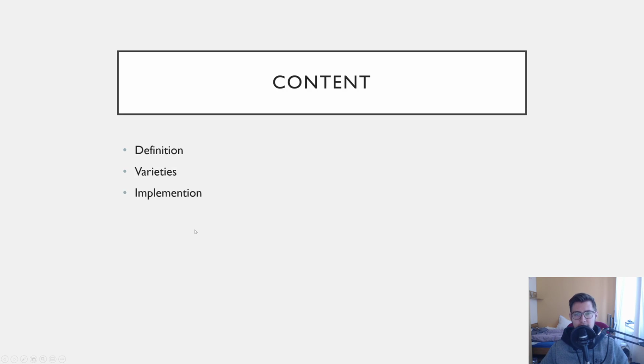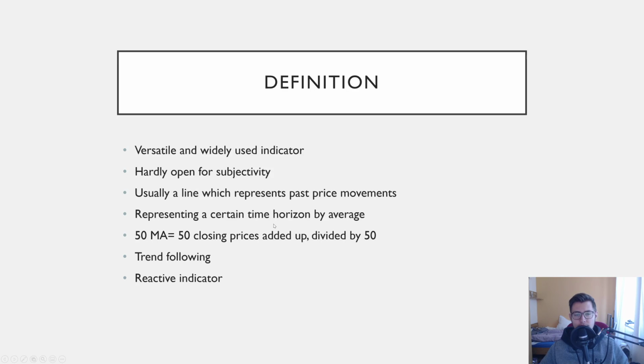So the content of this video and this presentation will be firstly the definition, then the varieties of moving averages, and then the implementation. So starting off with the definition, moving averages is basically a very versatile and widely used indicator, and I do think that if you are already interested in TA, you have definitely heard of the moving averages.